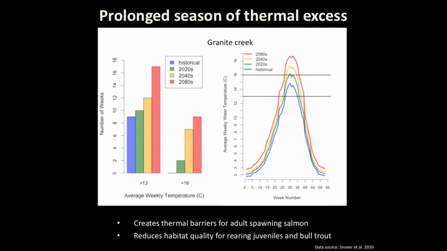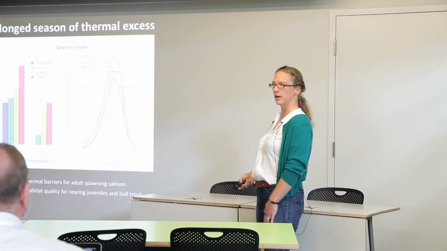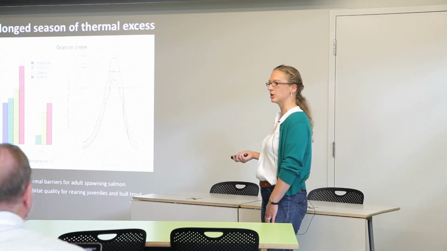And so what we're seeing here is an expansion of the duration of warmer temperatures for salmon that's beyond their threshold. These lines here show what the Department of Ecology has determined as critical rearing habitat and core salmon habitat, what they need. So this is 13 degrees Celsius and 16 degrees Celsius. And this is Granite Creek. It's a small tributary in the upper elevations of the Skagit.